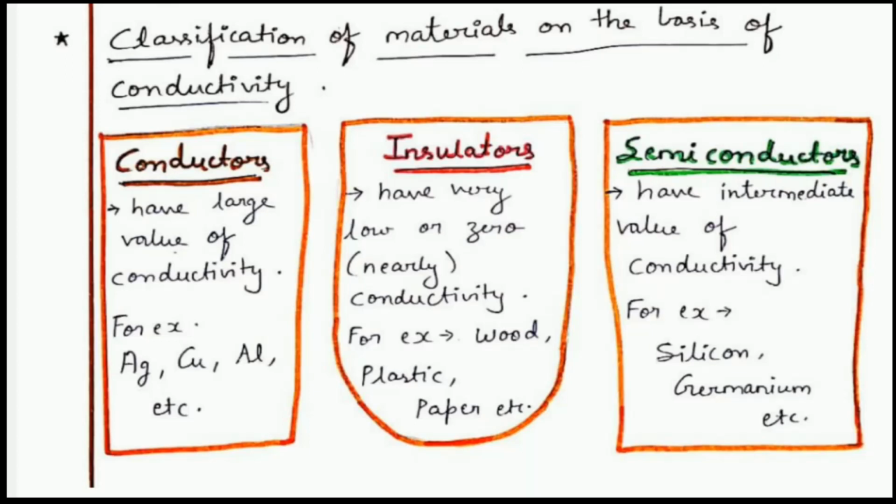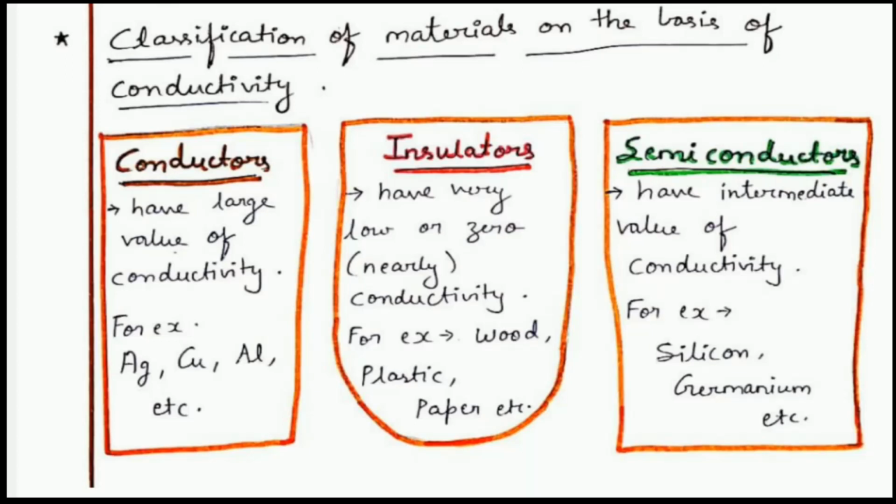No material has zero conductivity. Every material has some conductivity, but it might be in large numbers or in small numbers. So insulators have very low conductivity, for example wood, plastic, paper, etc.